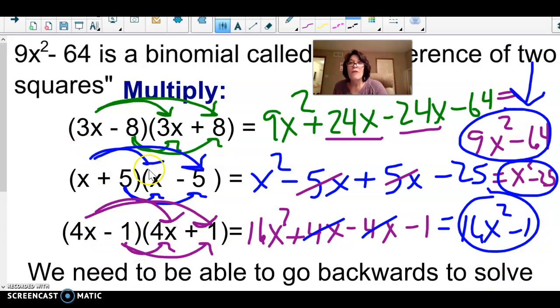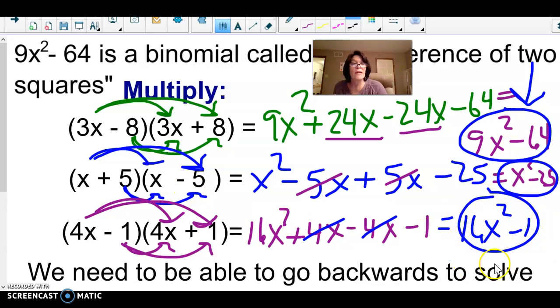However, how are we supposed to know that we could factor that into 3x minus 8, 3x plus 8? X squared minus 25. They have nothing in common, but yet I'm going to have to know that I can factor it into x plus 5, x minus 5.